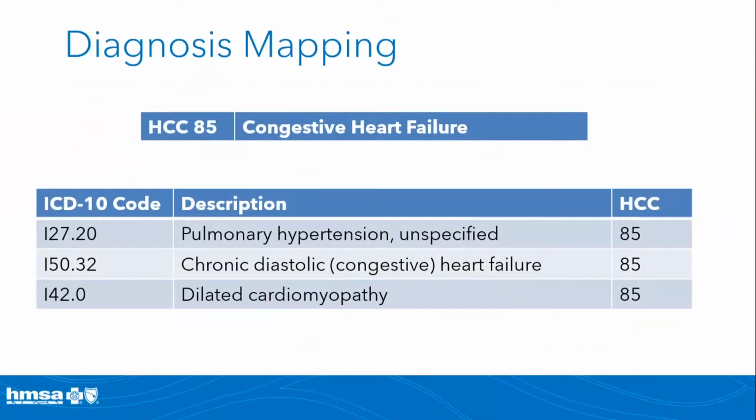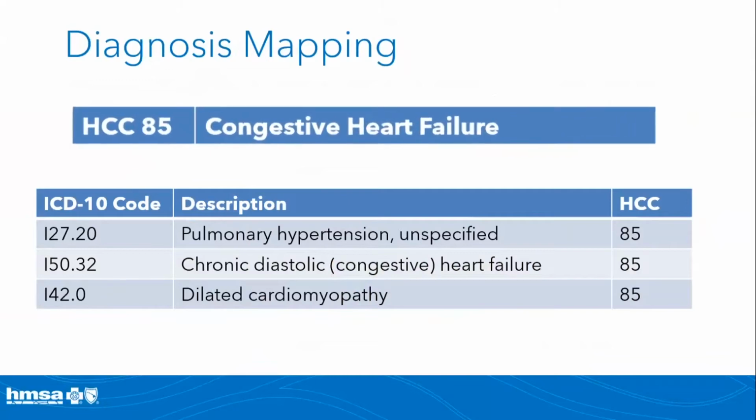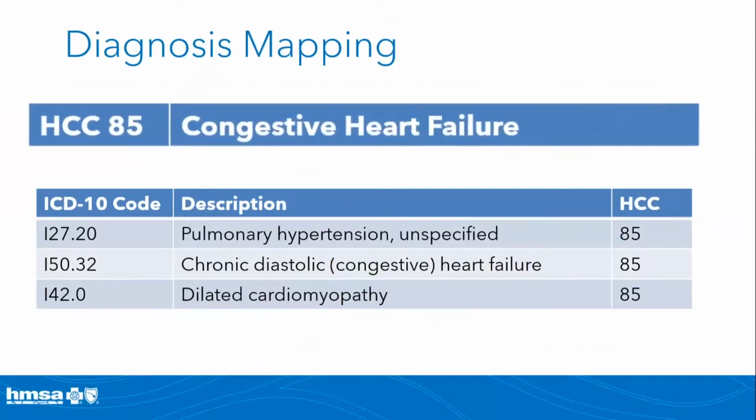Unspecified pulmonary hypertension is I27.20, chronic diastolic heart failure, I50.32, and dilated cardiomyopathy, I42.0. However, even though they have different ICD-10 codes, all 3 of these diagnoses map to the same HCC, which is HCC 85, congestive heart failure.